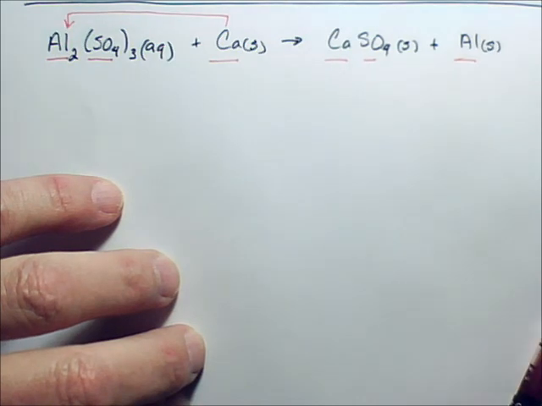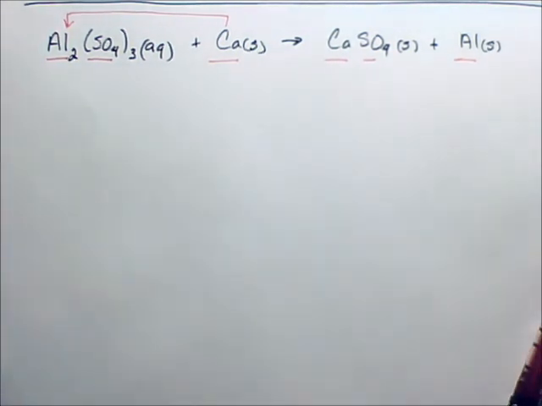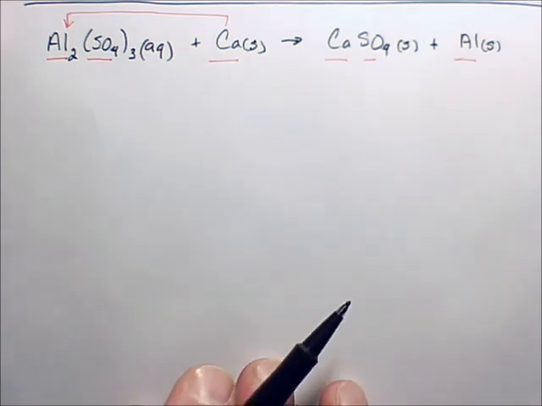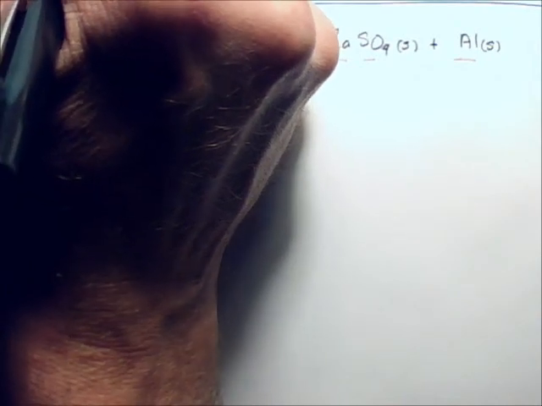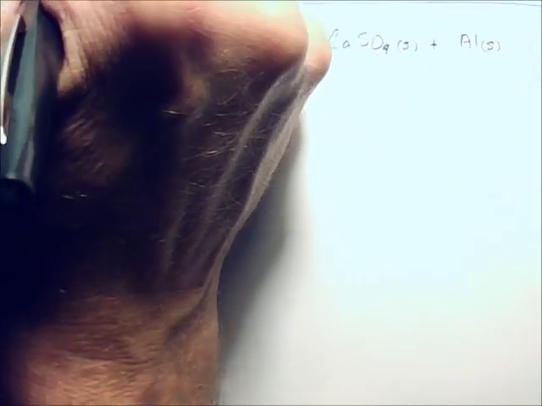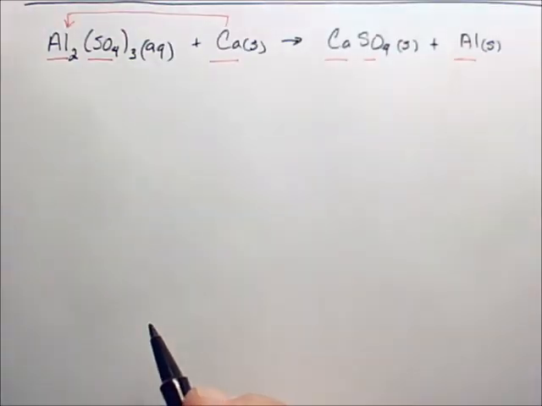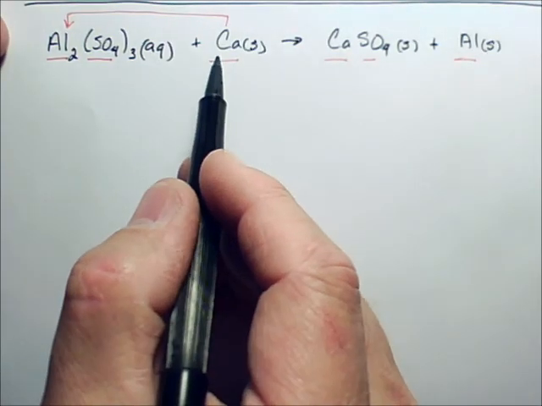You have to balance it, right? Then you have to balance it. That's correct. I just got lost when you said the CA, something with the aluminum?